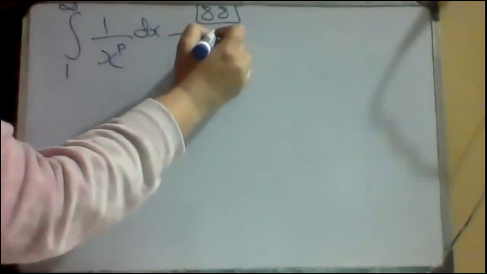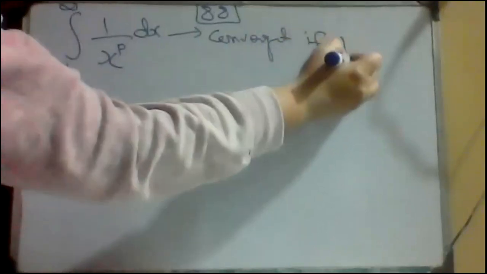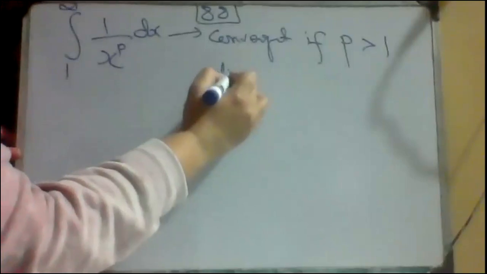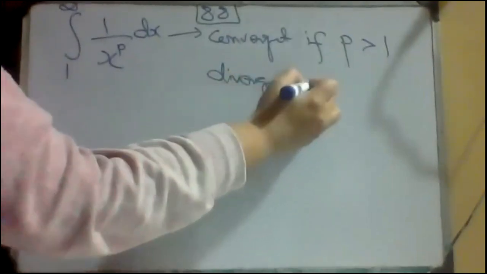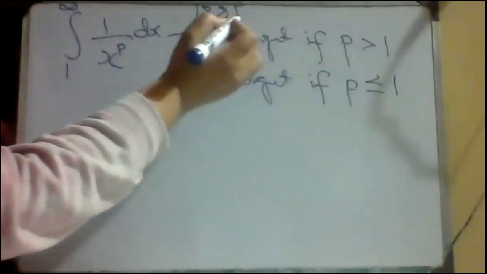We have studied the convergence and divergence of this improper integral in section 8.8, that is improper integrals, and in that section we learned that this is convergent if p is greater than 1, and this is divergent if p is less than or equal to 1.